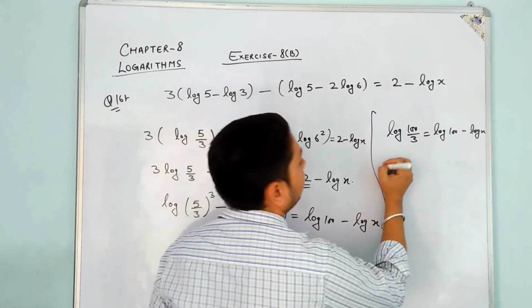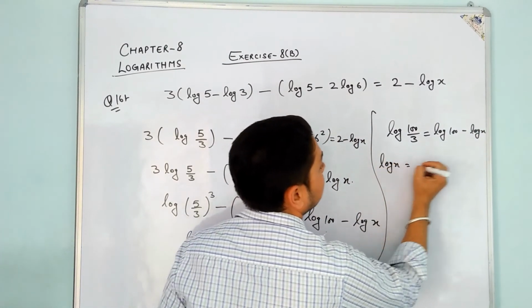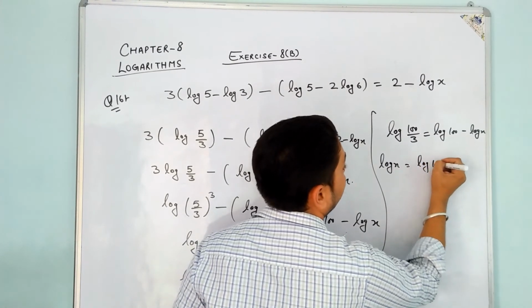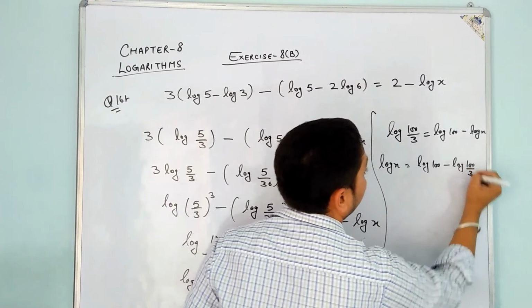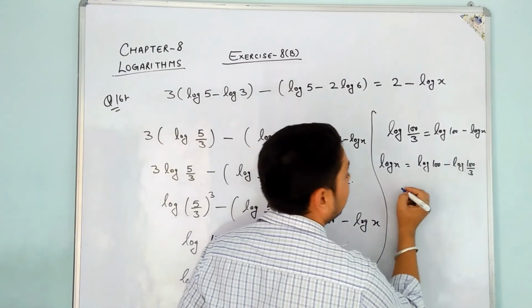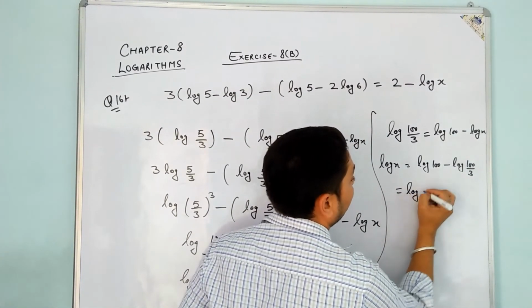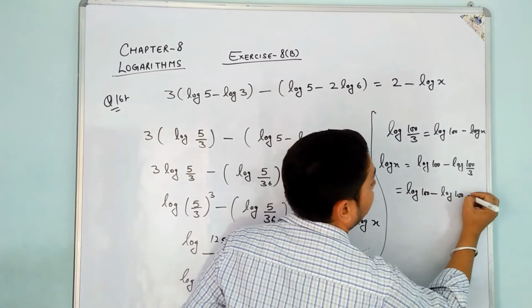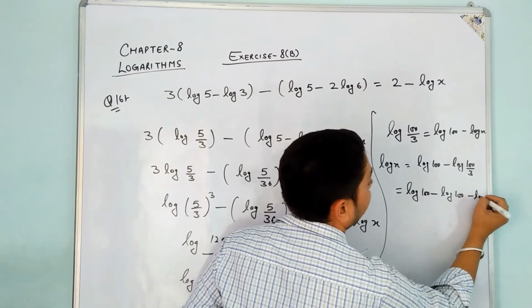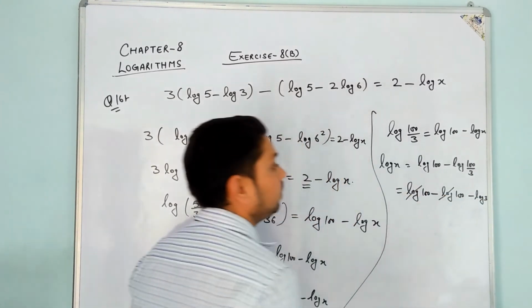Now take log of x here. This is equal to log of 100 minus log of 100 over 3. Again apply the property log of m over n: log of 100 minus log of 100 plus log of 3. This will get cancelled.